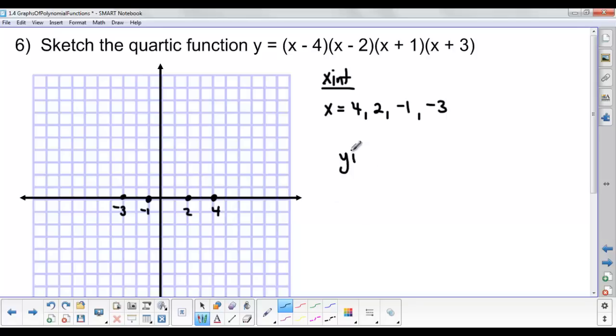Your y-intercept happens when x equals 0. So if I sub 0 into the first bracket, I would have a negative 4, then a negative 2, positive 1, and a positive 3. Again, giving me a y-intercept of 24.